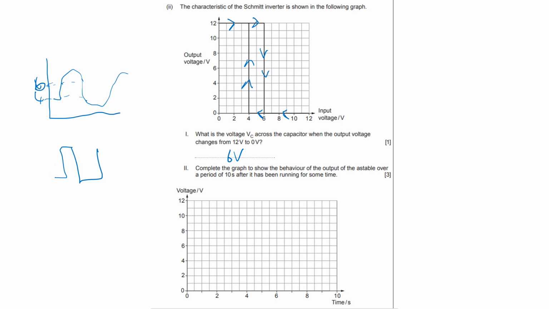This time it's basically just saying complete the graph to show the behavior of the output of the astable over a period of 10 seconds. So it's part of the same question from before. So I know that the time period is 2.9 seconds. So it's going to be on for half of that. So I'm going to go for 1.5 off or 1.5 on. It's 12 volts, isn't it?